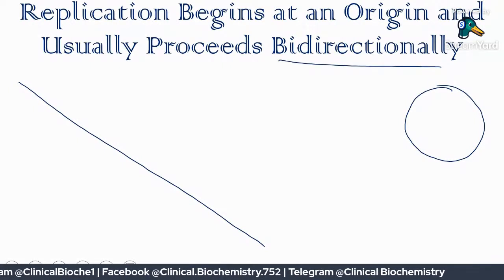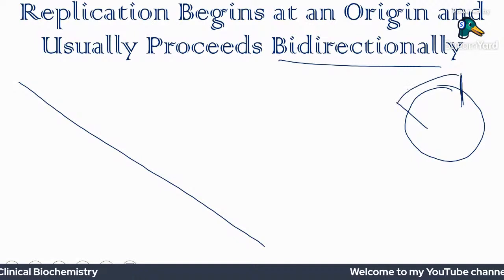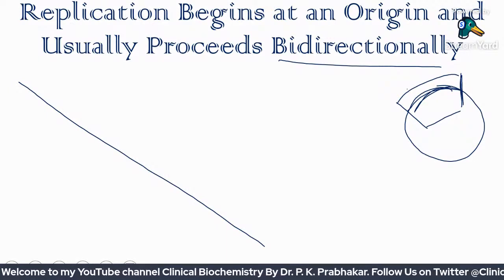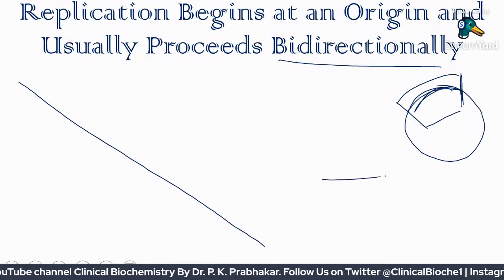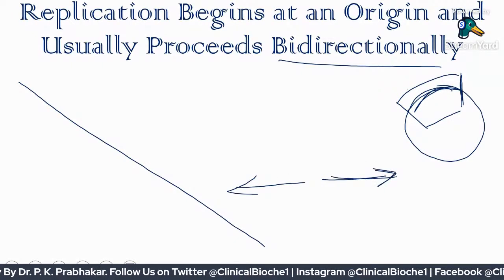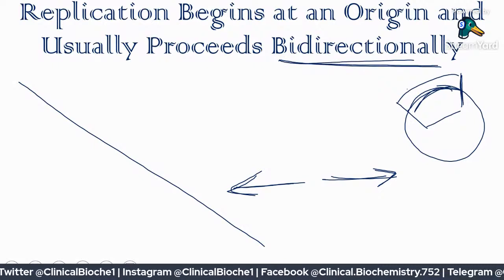In bacteria, the complete DNA looks circular, but if you consider only a fragment at a time, it looks linear. So in both eukaryotes and prokaryotes, DNA replication occurs in both directions, forward and backward. So it is called bidirectional replication.